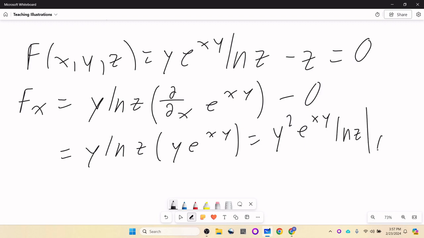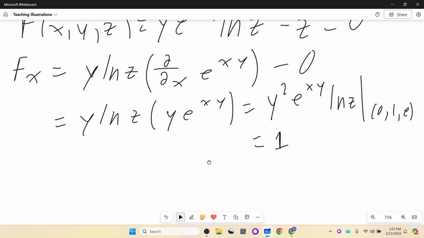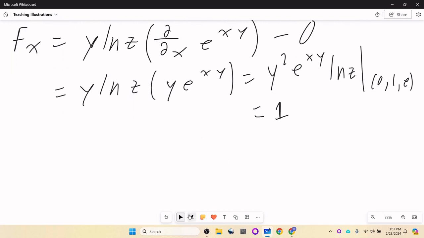And now let's plug in our anchor point, 0, 1, and e. And that'll give me 1. Pause if you need to work that out, but it comes out to a 1. Let's do fy.